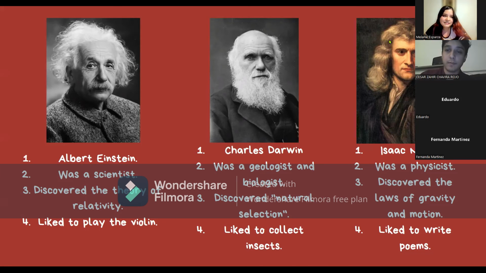Which one do you think is fake and which one is true? I think the fake one about Albert Einstein is that he liked to play the violin. Violin? No, that one is true actually.